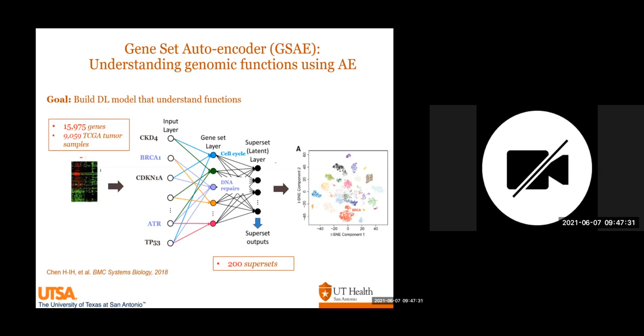Here's one example where, after we train such a model, you see that again samples of the same cancer are now grouped together, suggesting that these codes in the last layer capture the differences of different cancers. And then by interrogating these links from the trained model, we're able to elucidate some of the mechanisms underlying these different cancers. Okay, the model that we built we call the gene set autoencoder, or GSEAE.